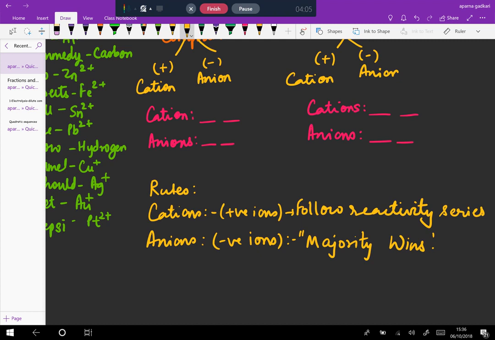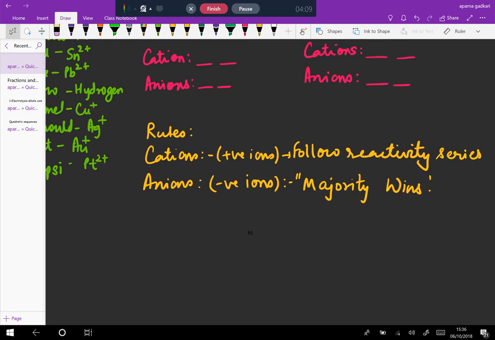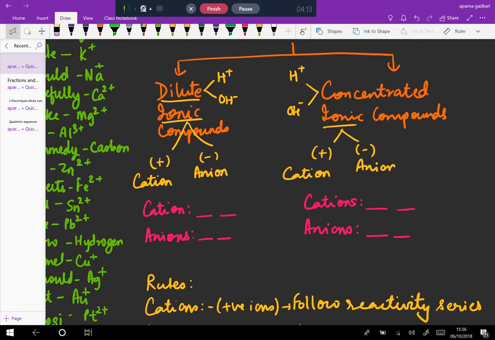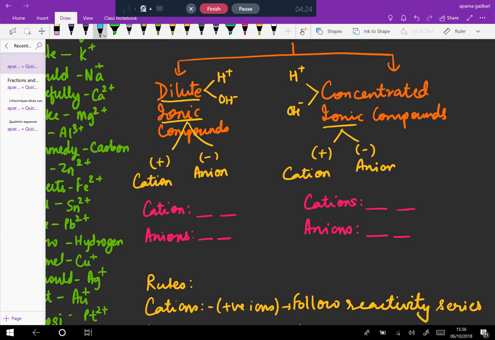Now let us understand the electrolysis of dilute and concentrated aqueous ionic compounds by actually taking an example of some dilute ionic compound and some concentrated ionic compound. For example, say this ionic compound would have been NaCl, and suppose the concentrated ionic compound also would have been NaCl.